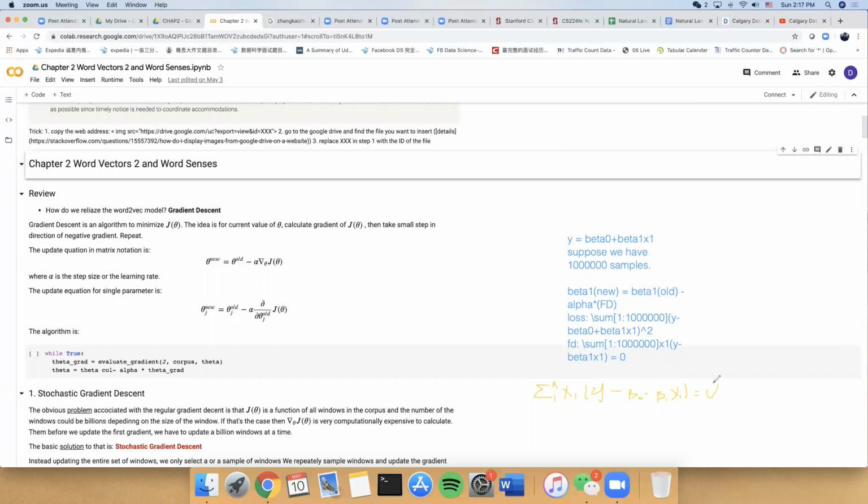Okay, so that's the first order derivative, which you're going to plug back in here.